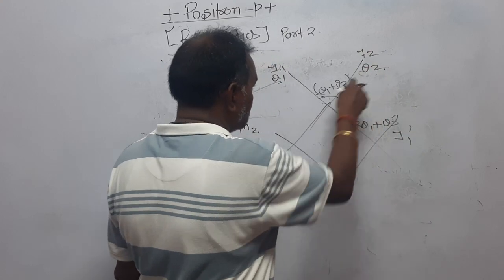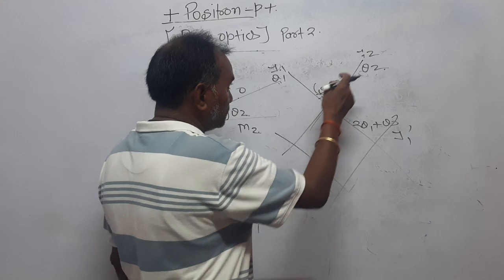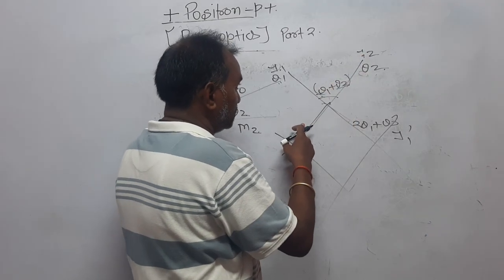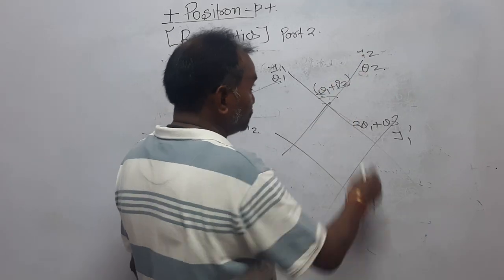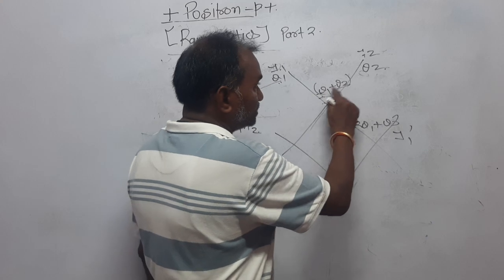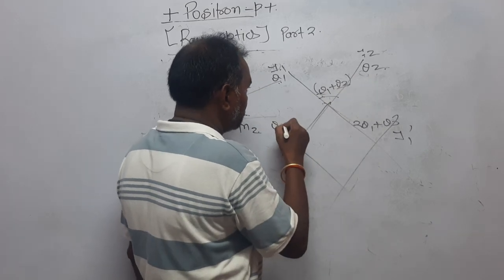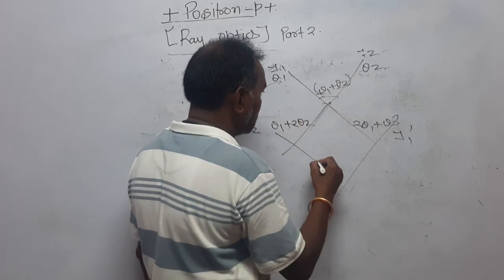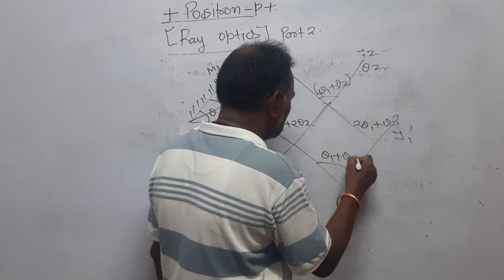The image of I2, the image of the virtual object I2 you will say rather, will be this plus this, that is theta 1 plus 2 theta 2. Again it is theta 1 plus theta 2.